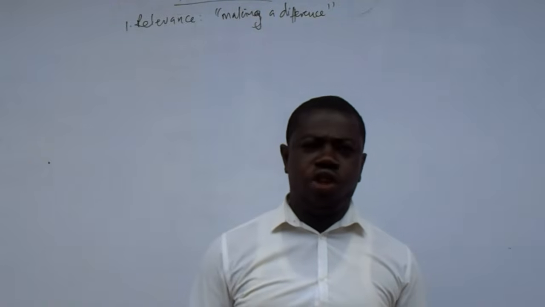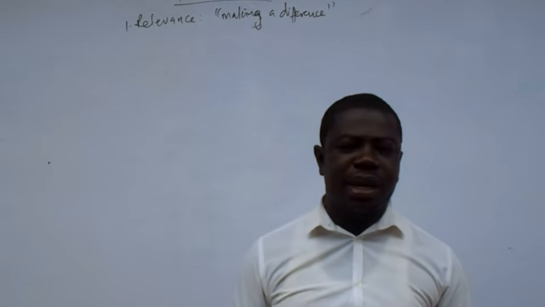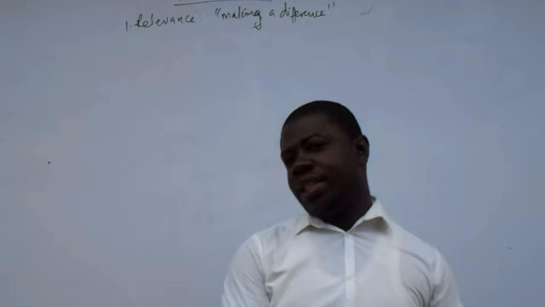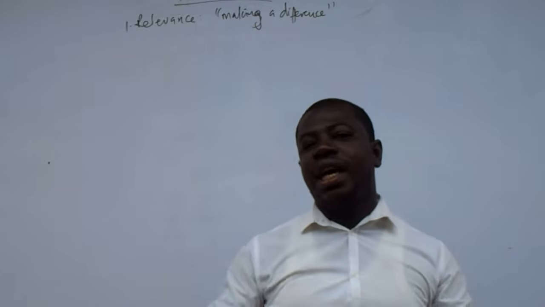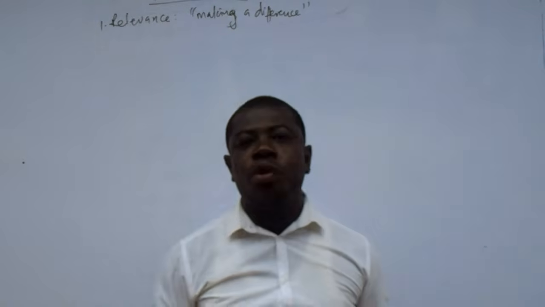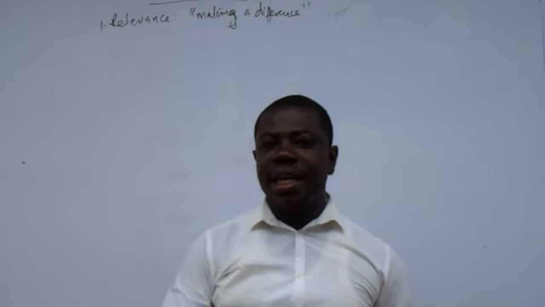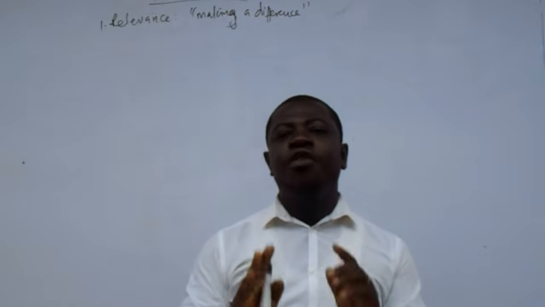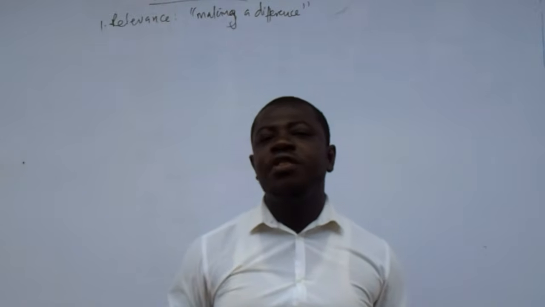It should be capable of making a difference in my decision. It should be able to tell me which direction to go in the decision that I'm making. Then we say that that information is relevant. And so relevant information is capable of making a difference in the decisions of the users of financial statements.